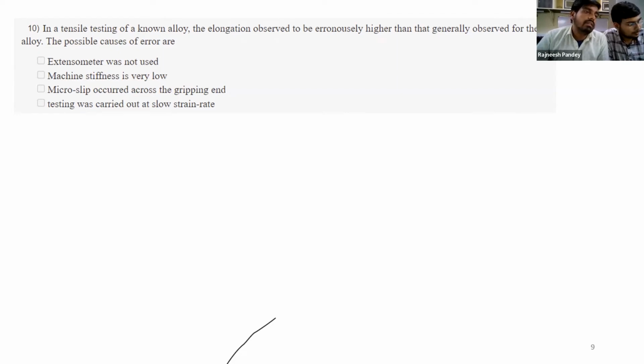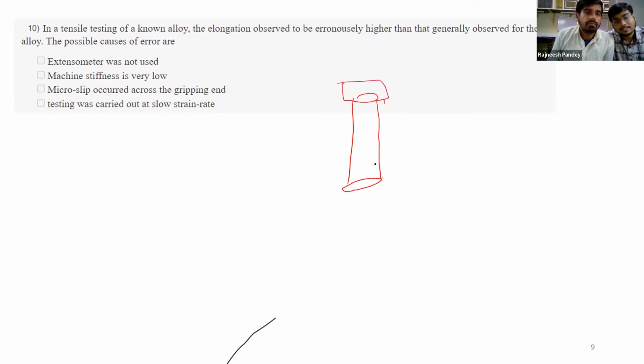So one possible reason is that the extensometer was not used. Yes, because the extensometer is the equipment that measures the elongation accurately. The extensometer is generally put on the gauge section, the gauge length, at two points. If it is your tensile sample, let us consider a dog bone shape.